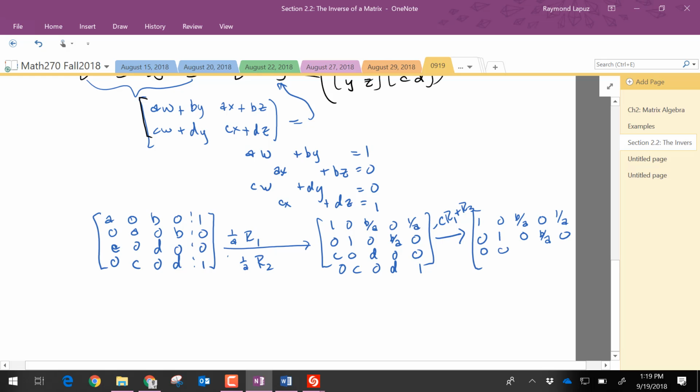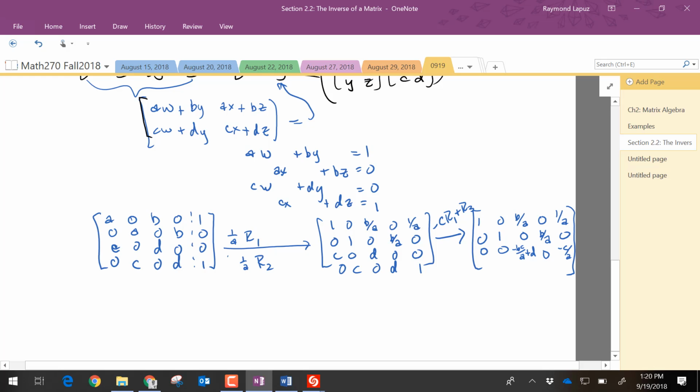There's 0 there, so there's no contribution. So this is BC over A plus D. Wait, it's negative. Negative BC over A plus D. 0, and then negative C over A. Yeah? Did that happen? Okay.